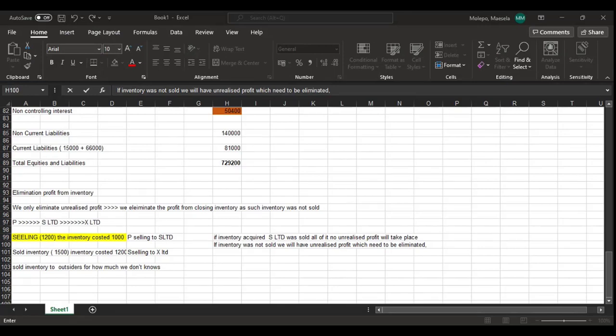So you see here on the page, we've got parent sells to subsidiary. If the parent is selling to the subsidiary and the parent is making the profit, no adjustment to non-controlling interest is necessary.